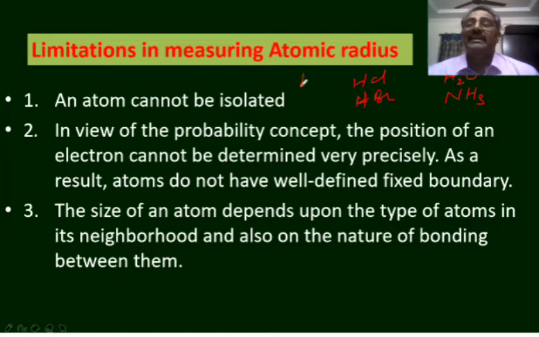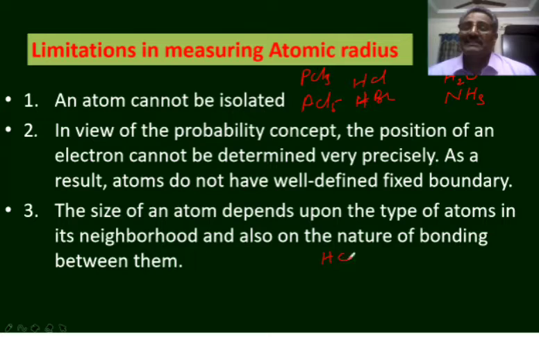In the same way, phosphorus trichloride and phosphorus pentachloride. In these two compounds also, the size of the phosphorus atom may not be the same in both the compounds. In some cases, the nature of bond also will be changed.